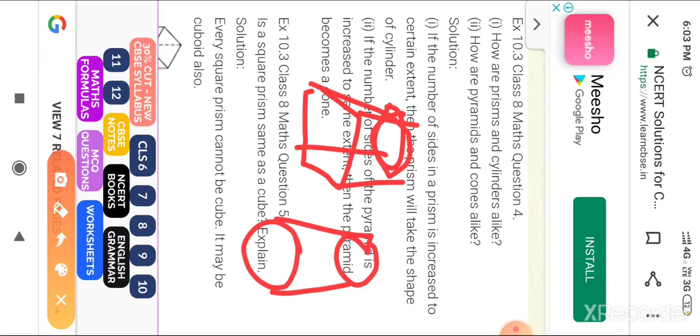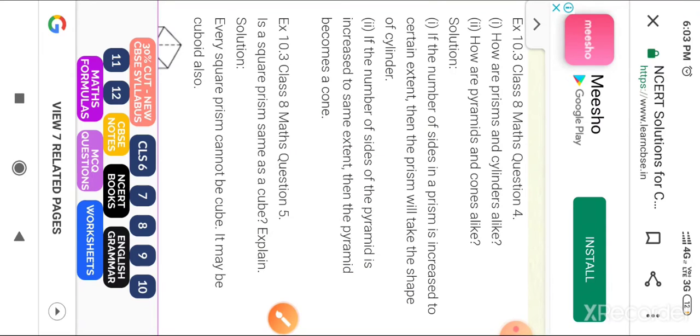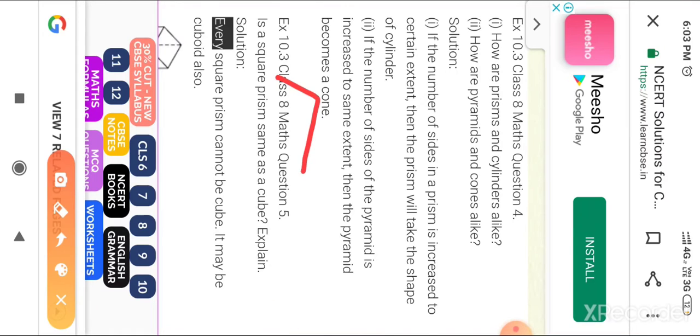And next question is, how are pyramids and cones alike? If the number of sides of the pyramid is increased to the same extent, then the pyramid becomes a cone. Here is a pyramid with a square base.